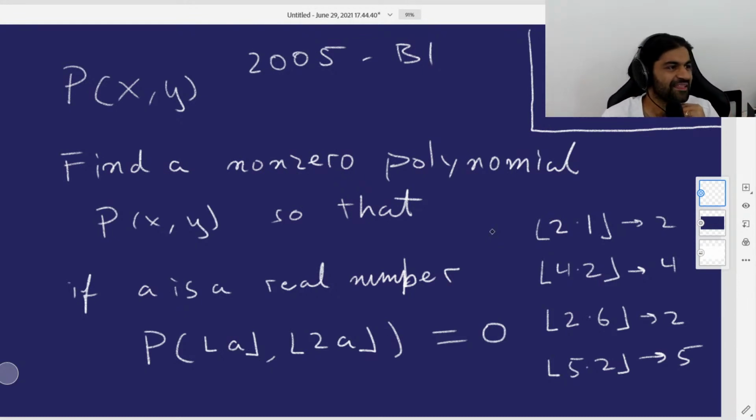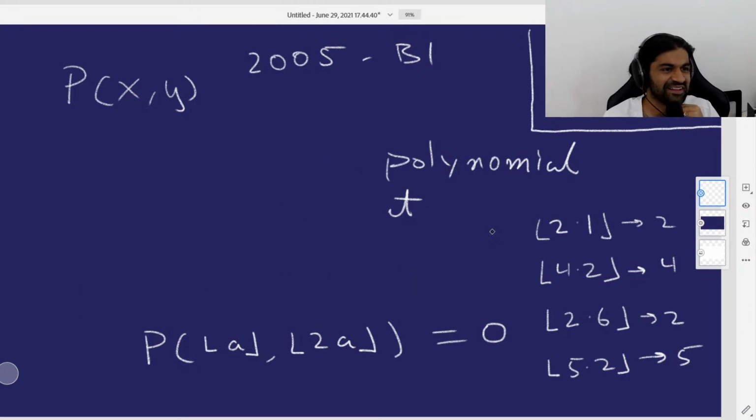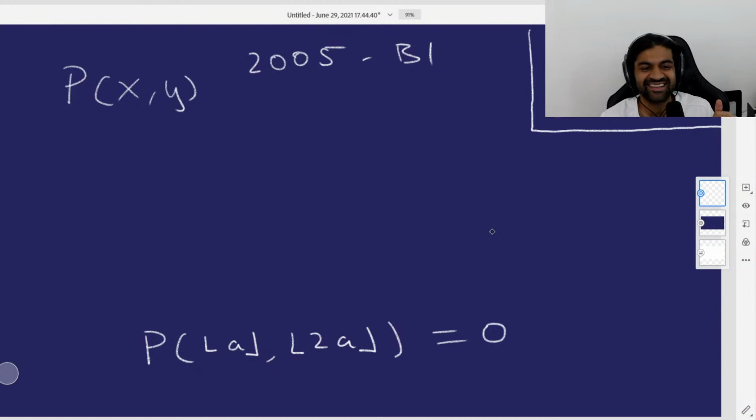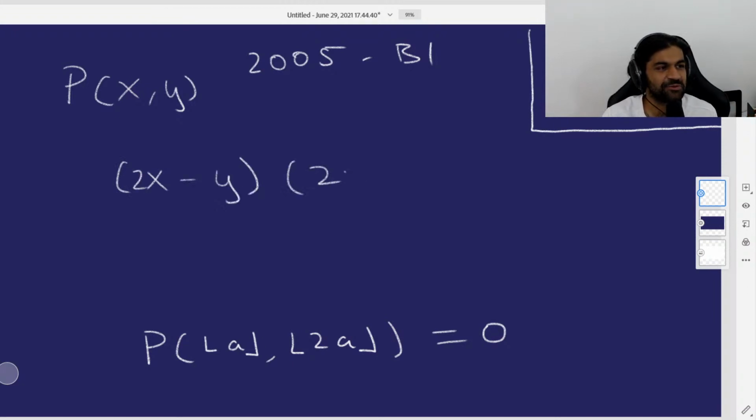So it's like a one-liner again, if you happen to see it. And so it's just x, so it'd be like 2x minus y, and then 2x minus y minus 1 is a polynomial that works.